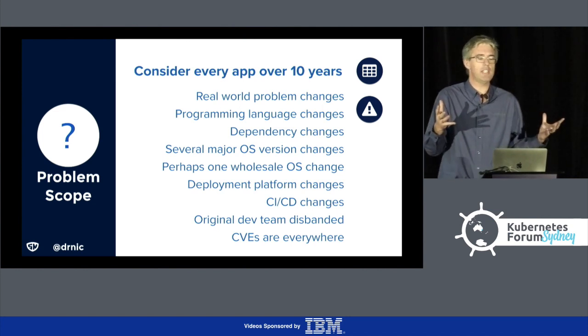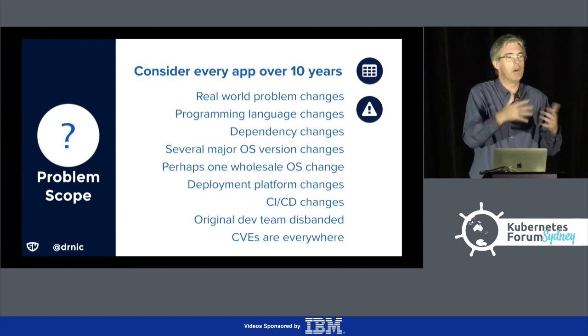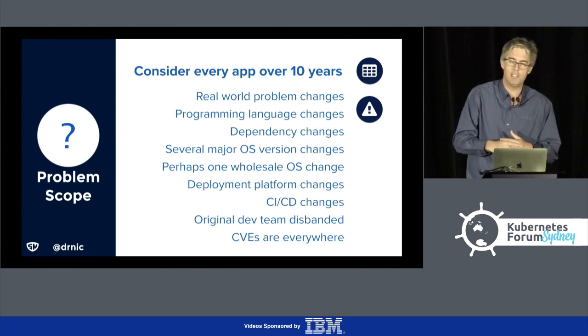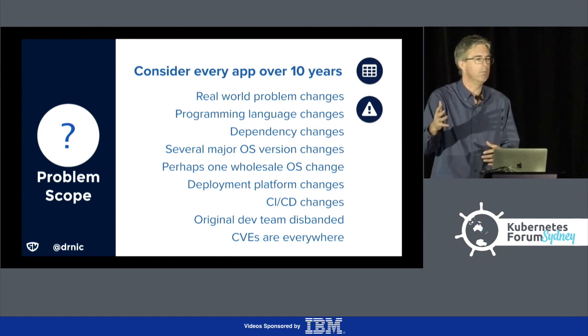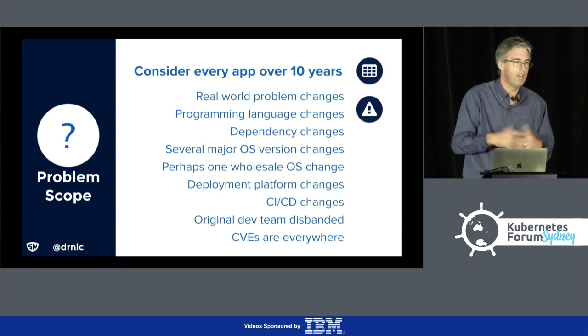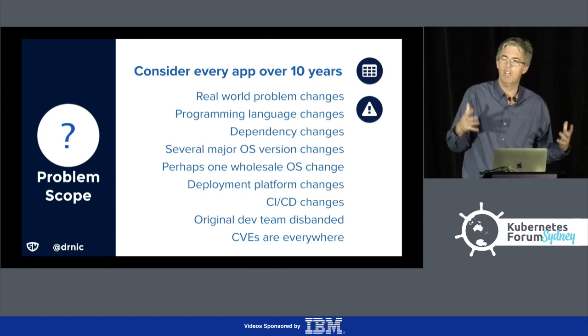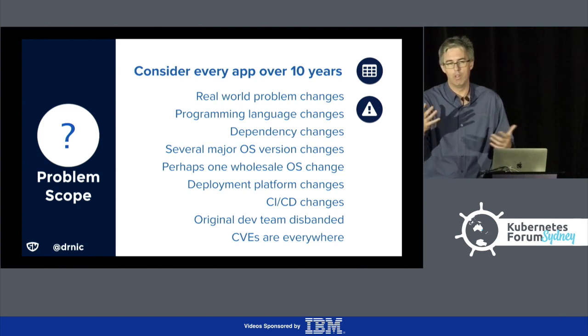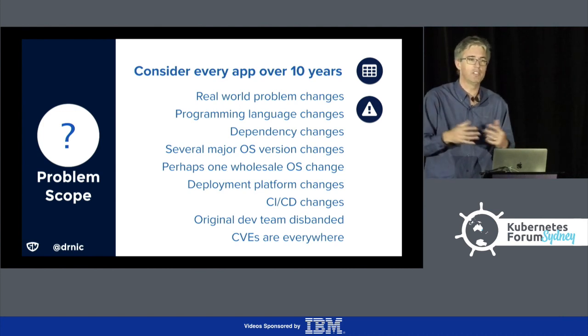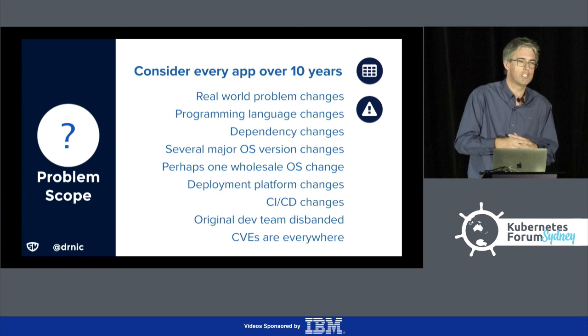Obviously, the dependencies that your application uses, both language dependencies and OS dependencies, are going to change. The base OS that you build on, whether it's CentOS, Red Hat, Ubuntu, pick another one, that will change. Maybe you'll even switch from one to the other, because they become less important over time as scratch containers may be the ultimate OS for most of us.